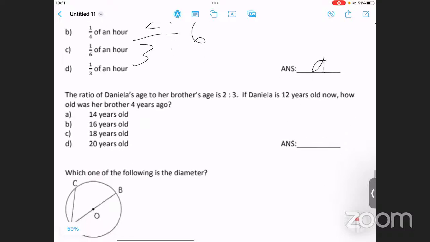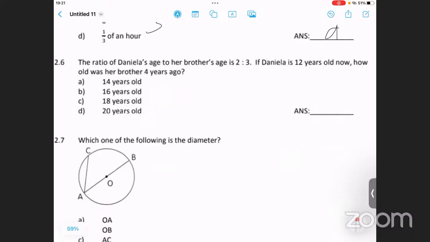Okay, let's look at 2.6. They say the ratio of Daniela's age to her brother's age is 2 to 3.